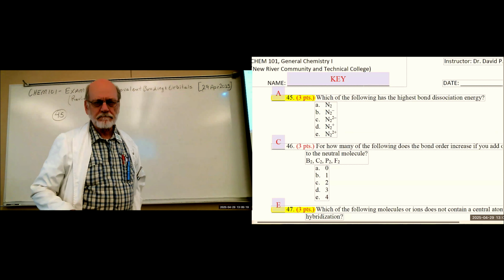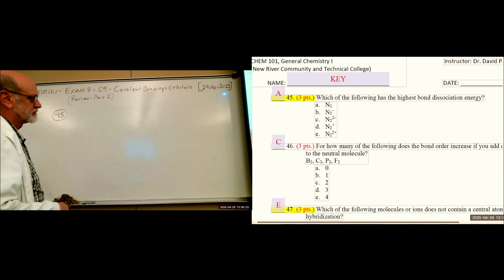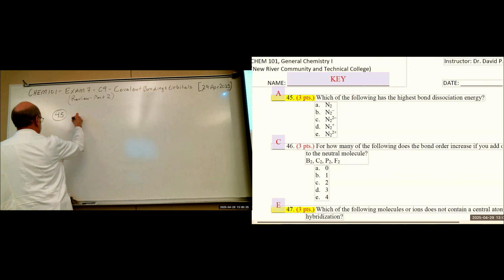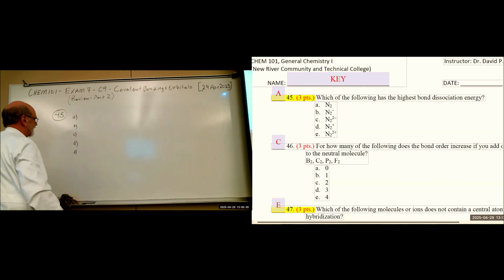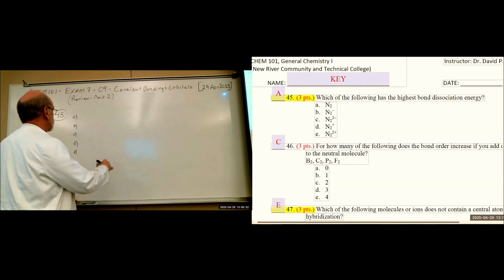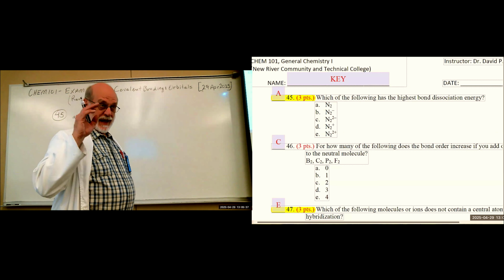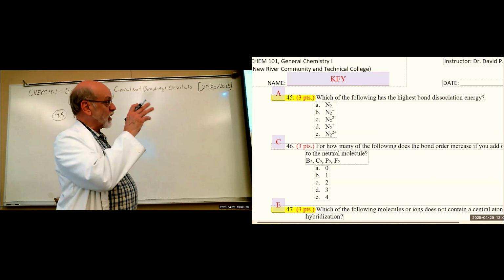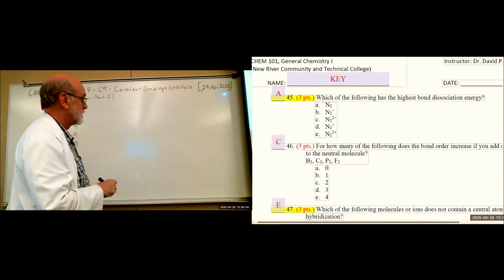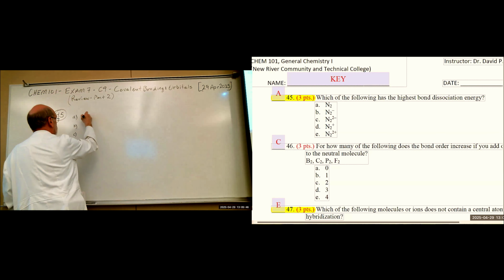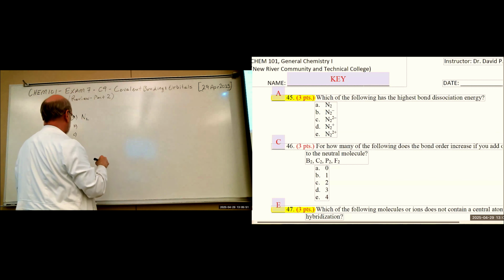Okay, 45. Which of the following has the highest bond dissociation energy? Well, the bond dissociation energy is how much energy is required to break that molecule into 2 separate atoms, right? So if we work from this one, we know that that one's going to be a bond order of 3.